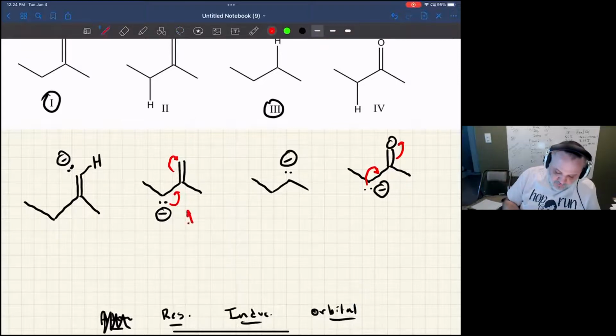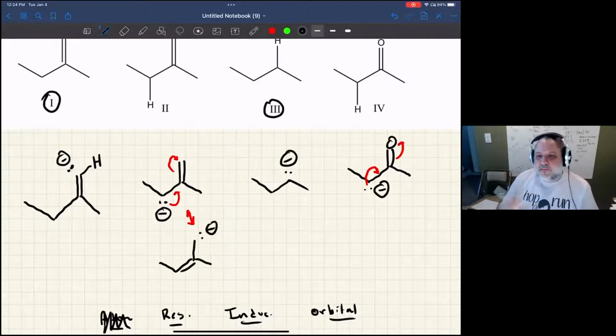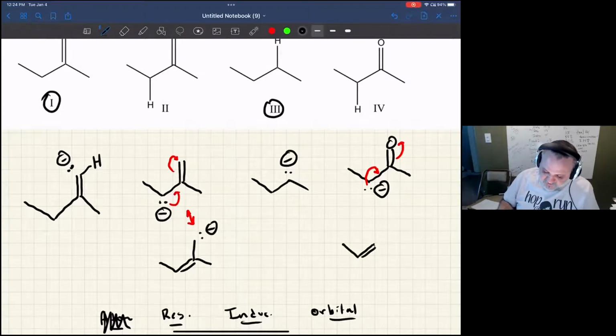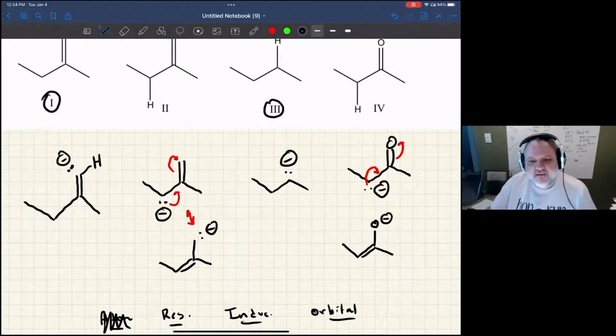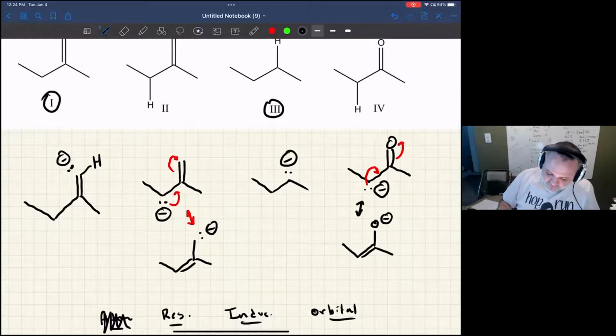Let me draw a resonance structure where the double bond looks like this, and I now have an anion at that terminal carbon. Same thing over here. The double bond will be positioned in the middle. Instead of a terminal carbon, though, I have a terminal oxygen. Okay, so now I've got 2 resonance structures shown.